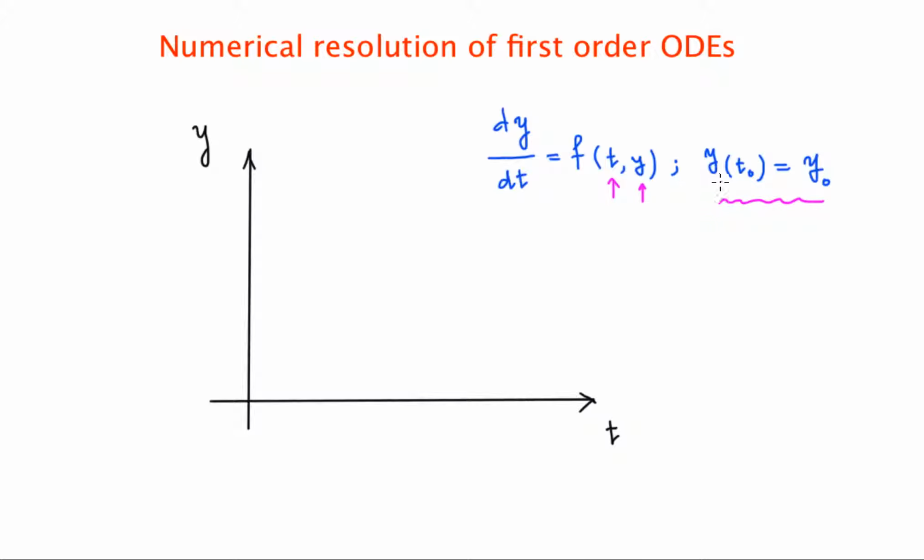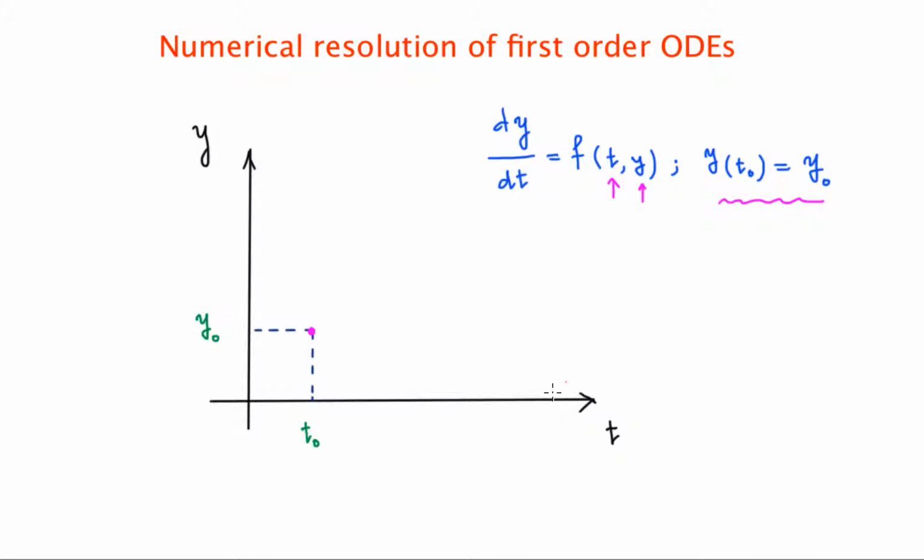So that basically means that in this graph here, we know the starting point for this y function. It's going to be this one, according to the initial condition. And how it evolves, how it moves from this time on, will depend on the differential equation that we have here.